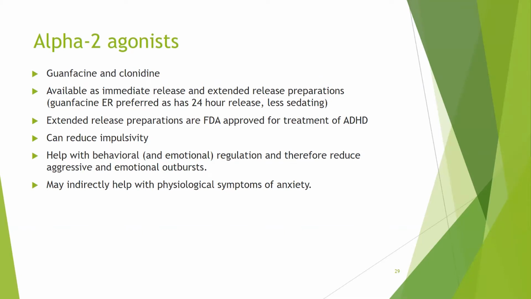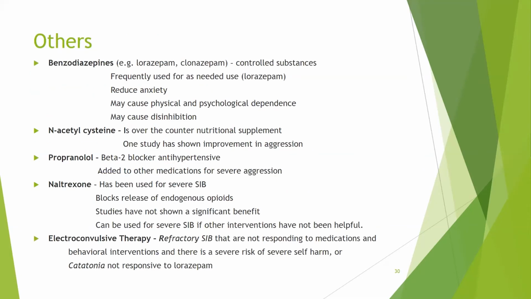These have been approved for treatment of ADHD symptoms and reduce hyperactivity and impulsivity, but they also help with behavioral and emotional regulation, and therefore the problem behaviors. They may have some indirect effects on treatment of anxiety symptoms. Other medications are also used, but there is limited evidence for these medications.